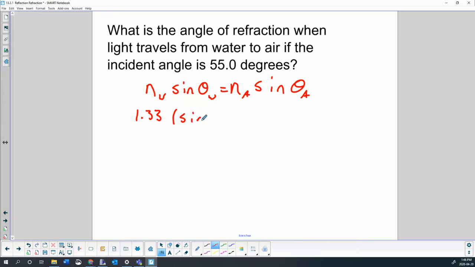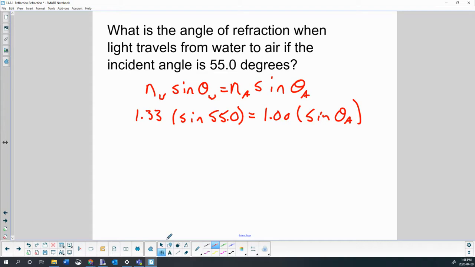So that's the sine of 55.0 equals the index of refraction in air, which is 1.00, multiplied by the sine of the angle in air. And there's our unknown. We're looking for the angle as it leaves the water and goes into the air.